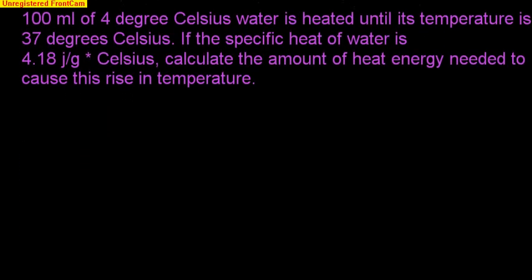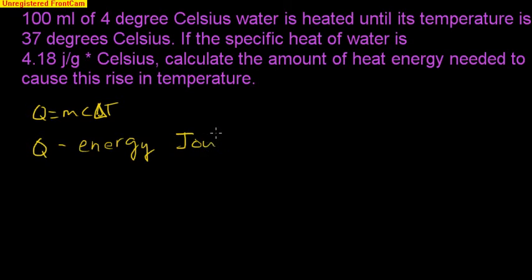Before we actually do this problem, let's do this again. I'm going to rewrite the formula: Q equals MC delta T. This triangle means delta. Q is basically our energy, and like we said before, energy usually comes in two different units: joules and calories.